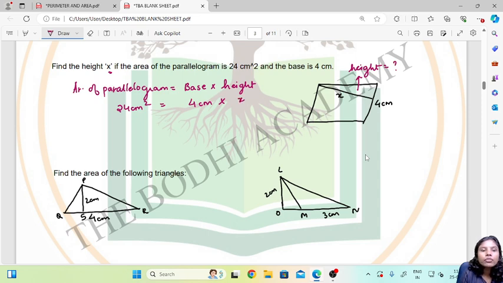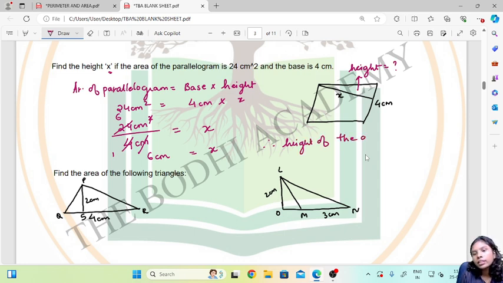So now if you transpose 4 to the other side, since it is multiplication, on transposing it will become divide. So 4 6s are 24, and the centimeter and the square will go off. So our x will be equal to 6 centimeter. Therefore the height of the given parallelogram is 6 centimeter.